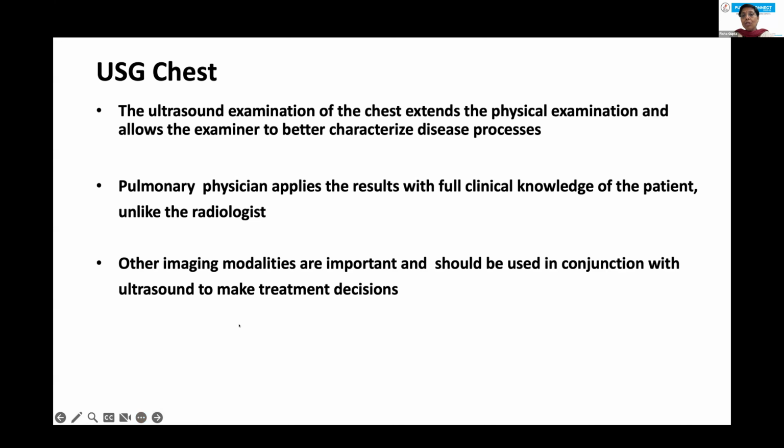Is ultrasound something which is going to replace the chest X-ray, or the CT scan? Certainly not. But it has proven its own value because it is non-radiation, it has bedside availability, and images are reproducible as well. Ultrasound examination, I feel, is just the extension of the physical examination, and we are able to characterize the disease process properly.